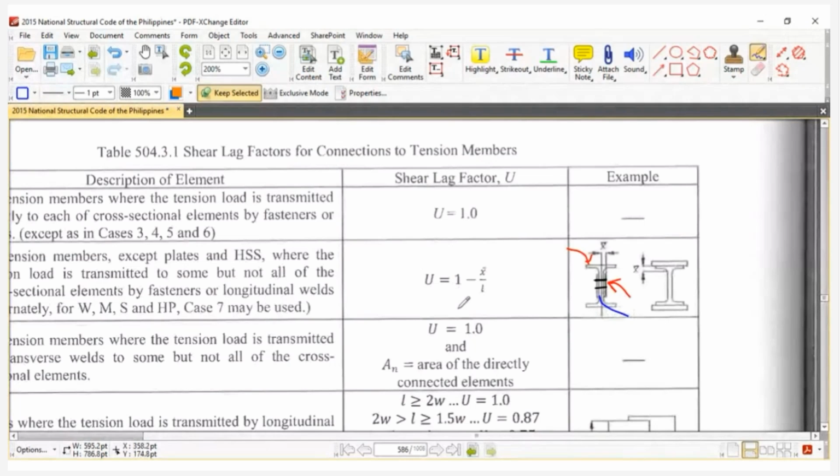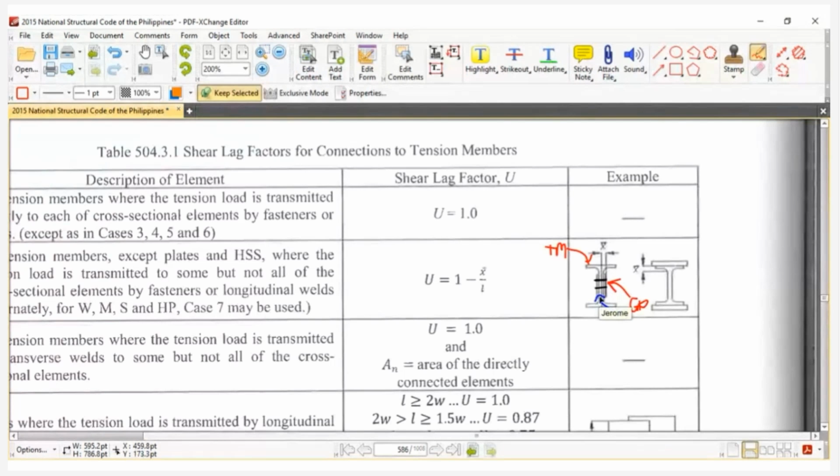So the distance from the member, so for example, this is our tension member. So this I-beam is the tension member, and this is our plate, our gusset plate. Okay. So we know that this is the plane of connection right here.